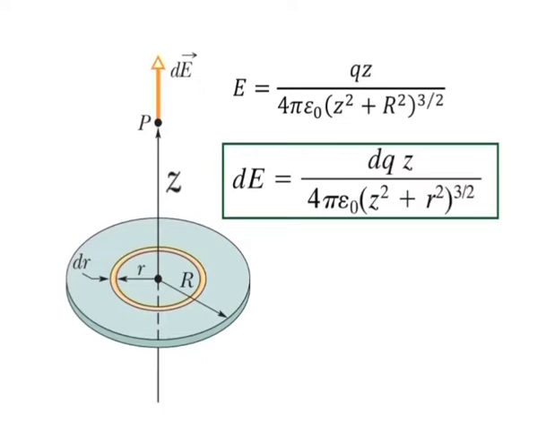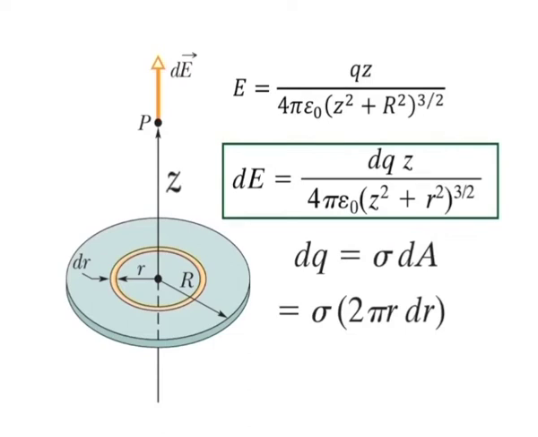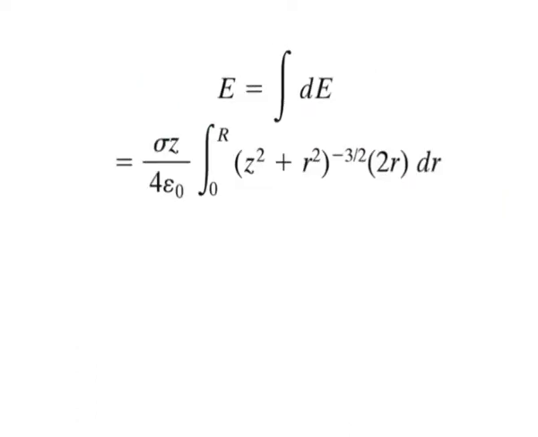So, in terms of the surface charge density sigma, we have dq is equal to sigma dA, which is equal to sigma into 2 pi r dr. After substituting this into equation A and simplifying slightly, we can sum all the dE contributions with E is equal to integral of dE, which is equal to sigma z upon 4 pi epsilon 0 into integral of (z square plus r square) to the power minus 3 by 2 into 2r dr from 0 to R. Here we have pulled the constants including z out of the integral.